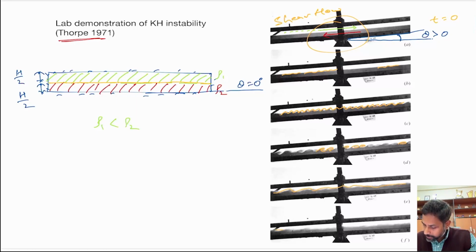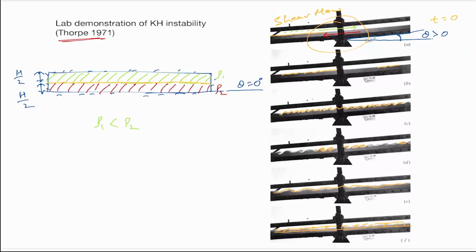Eventually you can see there is a diffuse interface between these two. Originally there was a sharp interface, with a clear distinction between the two layers. In the later case, you cannot see that clear distinction. You can see this mixed zone.